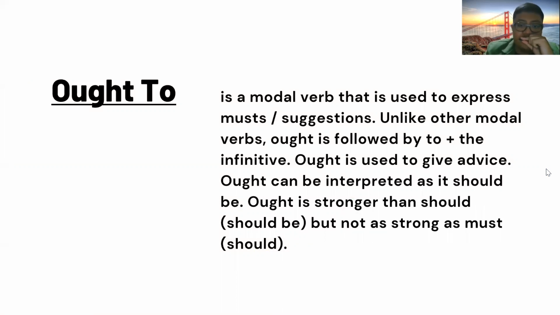Ought to is stronger than should, but not as strong as must. Okay, you can take a note of this. And remember, ought to is stronger than should, but not as strong as must. Okay? We move to the examples of ought to.